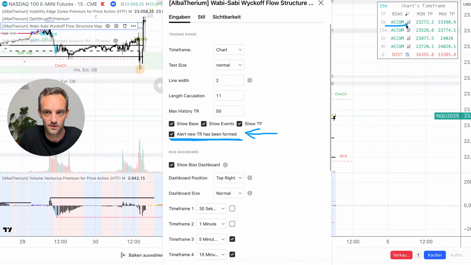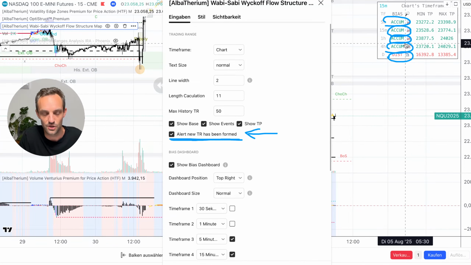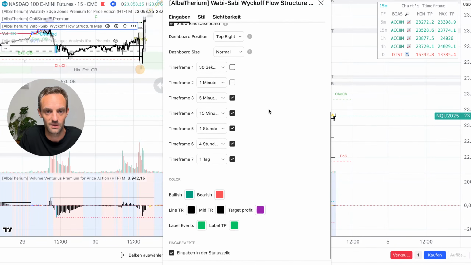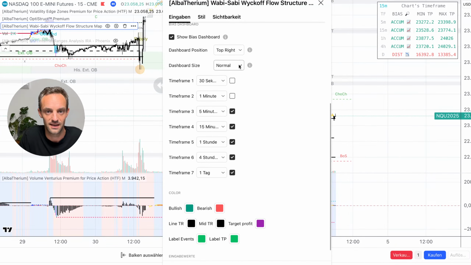The visual alert is in the upper right corner with the spreadsheet here, always visually on the 5-minute, 50-minute, 1-hour, 4-hour, or day chart. You can, of course, also change these time frames. Here, dashboard size, you can adjust the size, normal, top right. You can pick also 30 seconds, 1 minute. I have it just as standard settings, 1 day, 4 hours, but of course you can adjust these kinds of things to your needs.